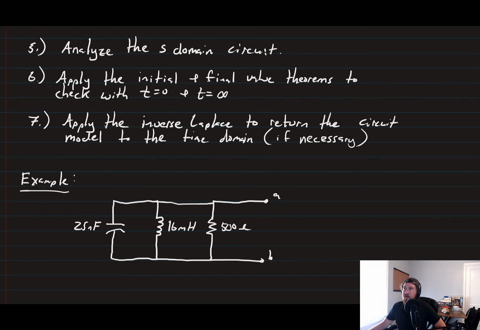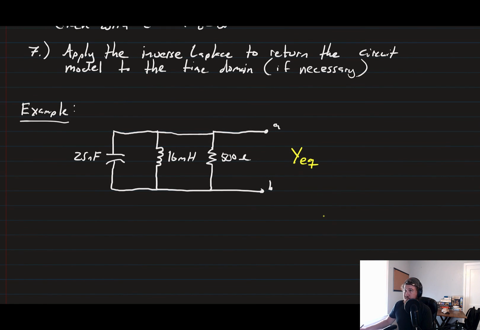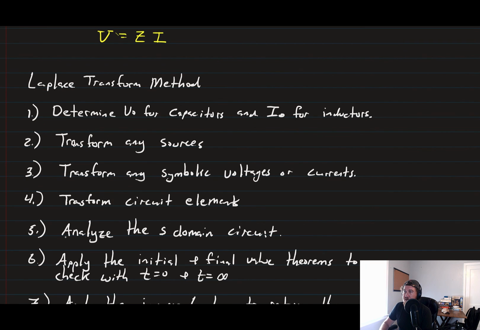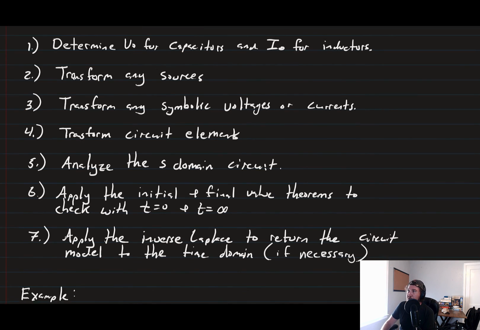Now what we want to do is determine the equivalent admittance on the input terminals of this circuit. So we're going to calculate YEQ. But we're going to use our Laplace method techniques here. So the first few steps are pretty easy. Step 1, which you remember was determine the initial voltages for capacitors and initial currents for inductors.